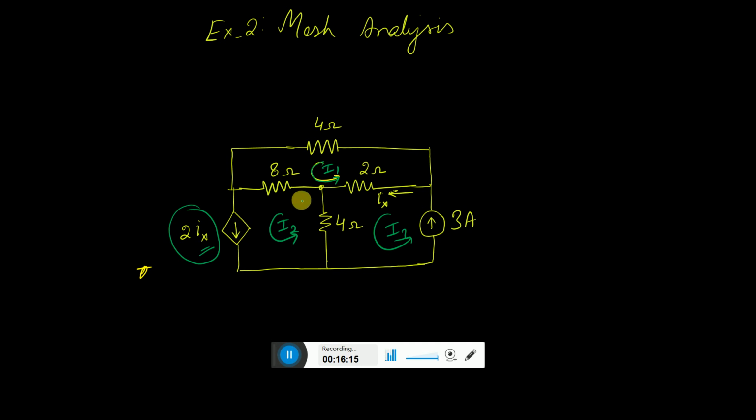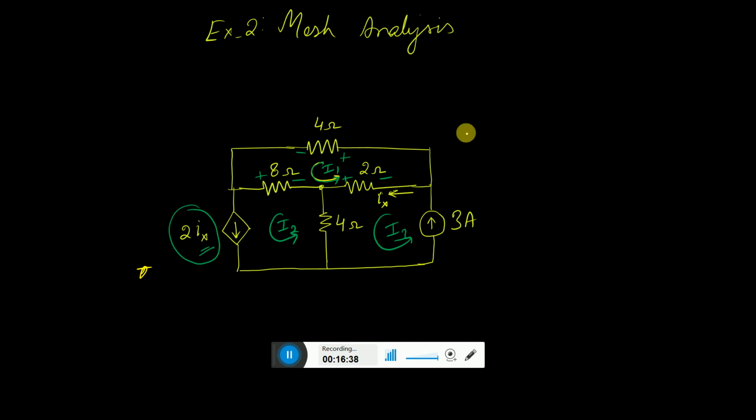So if I go on writing the equation for mesh 1, how does it look? I am moving anti-clockwise. I'm making my reference anti-clockwise, and the current is I1. So all the signs that I will give across the elements depend on the anti-clockwise direction.